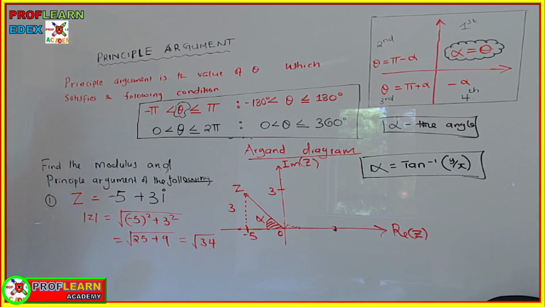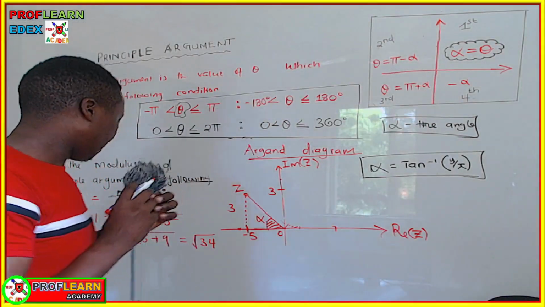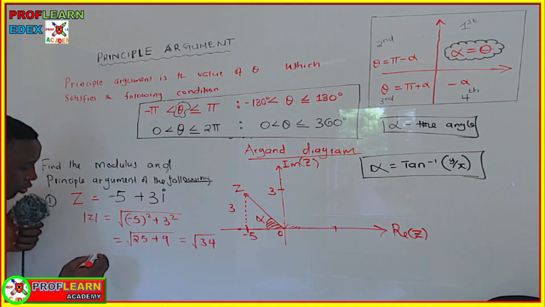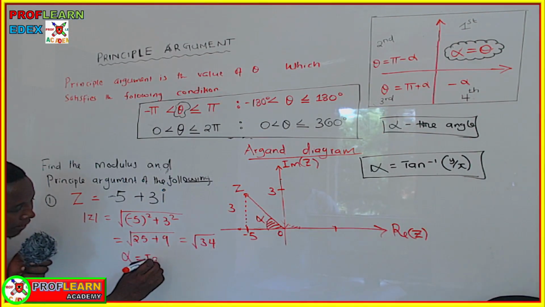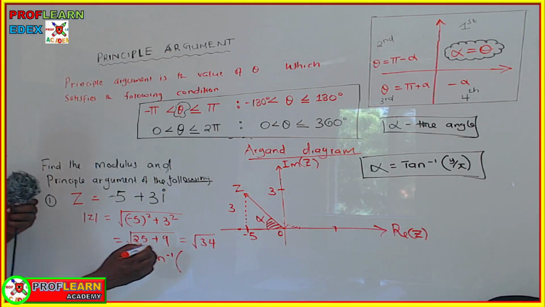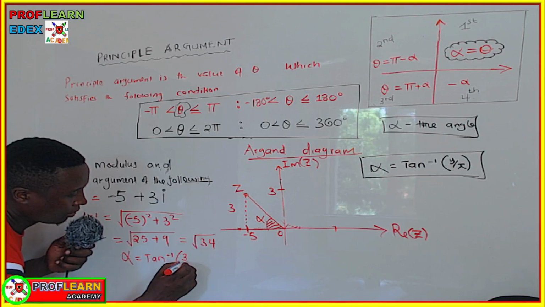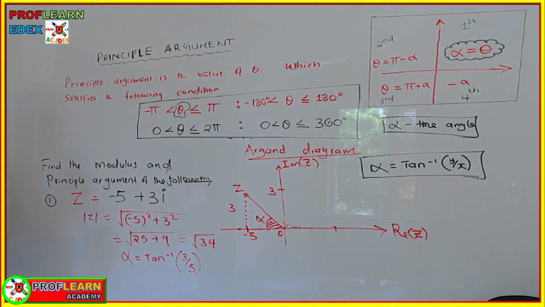But what about the angle at this point? Remember, alpha is going to be the tan inverse of 3 over 5.